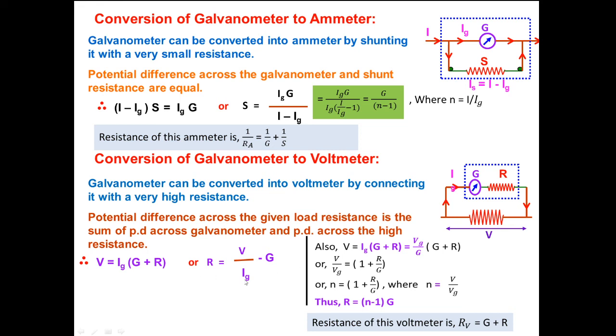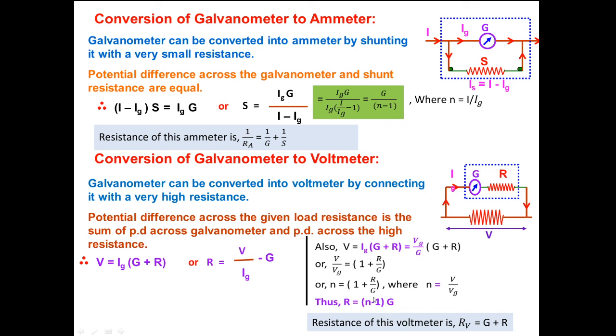Another way to find the value of R: V equal to Ig into G plus R can be written as Ig equal to Vg by G, into G plus R. So V by Vg equal to 1 plus R by G. If V by Vg is N, then N equal to 1 plus R by G, where N equal to V by Vg.